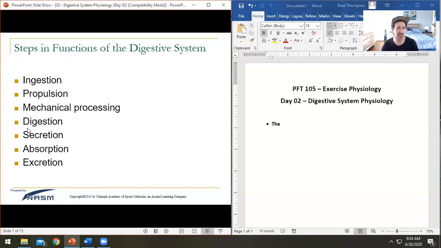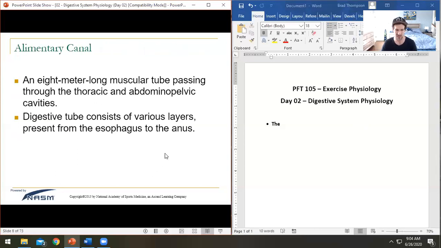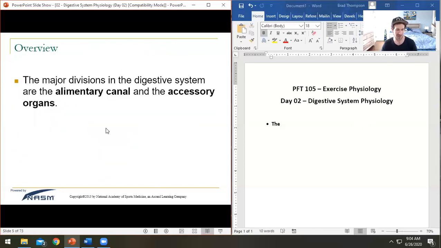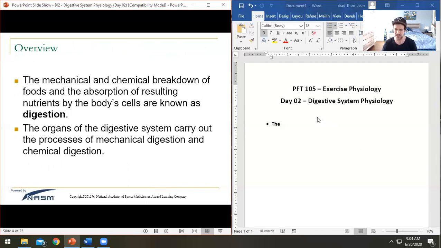Okay. So that's the reasoning behind understanding our digestive system, because we need to understand all of those processes. So I'm going to go back to the top here and get us a top definition. So we're looking at the digestive system.